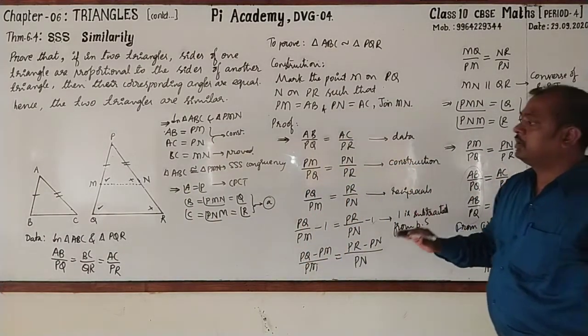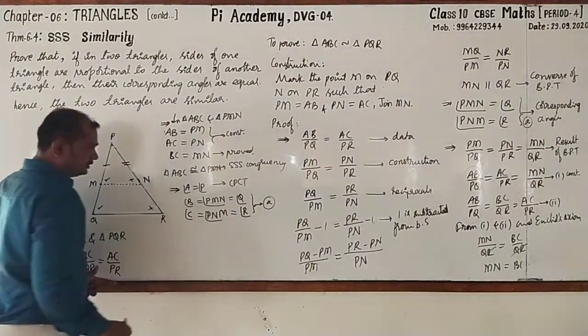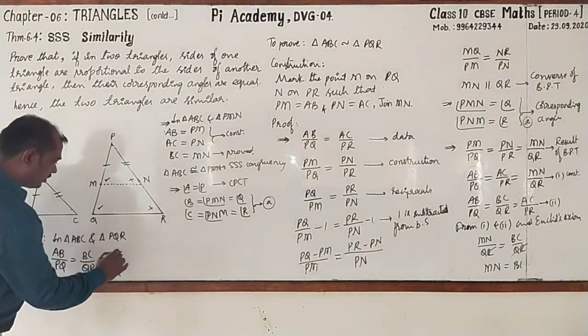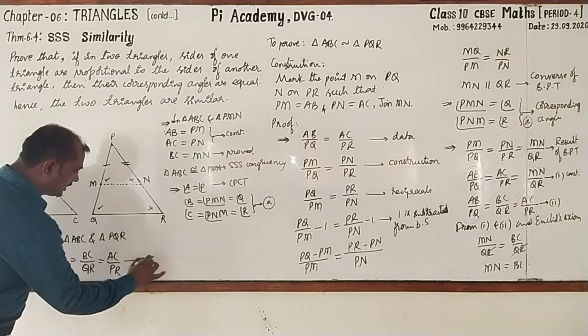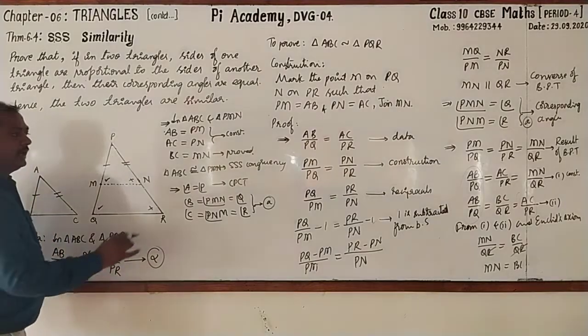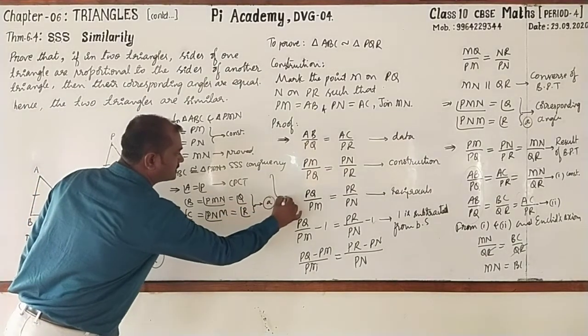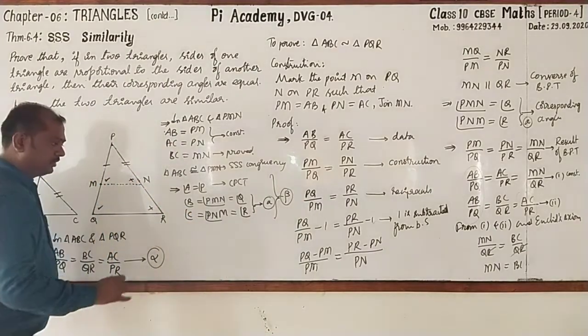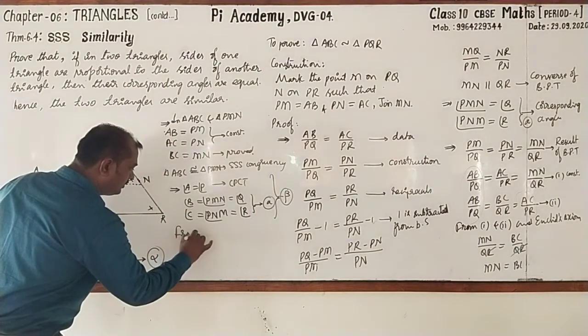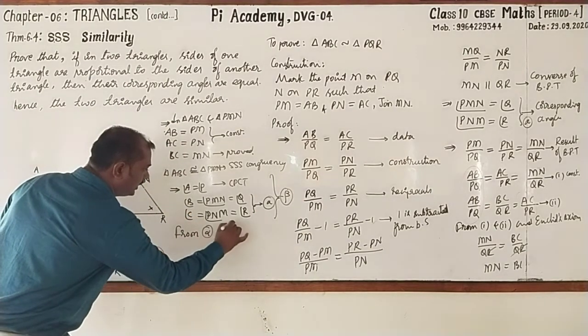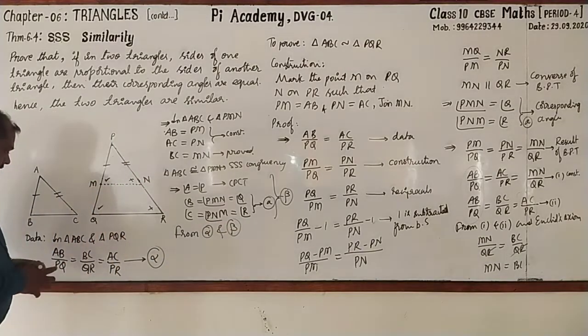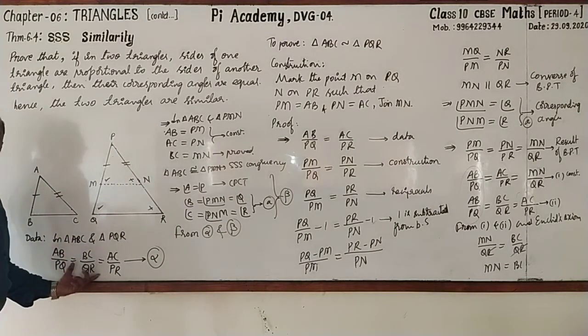Understood? Look here. Now I call this whole statement as alpha and this whole statement as beta. From alpha and beta, what do you say? Here the corresponding sides are in the same ratio.